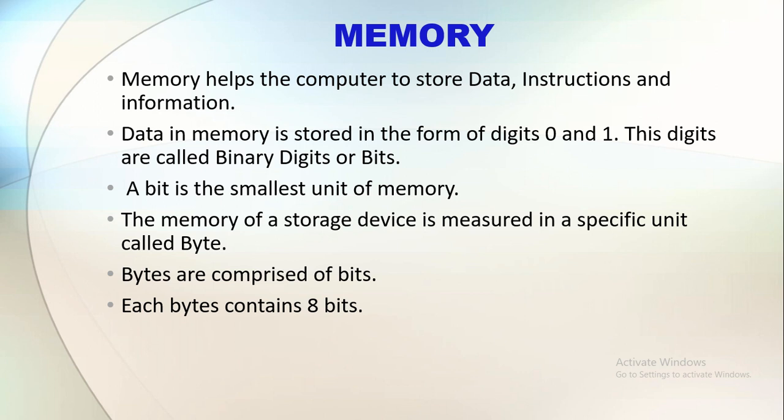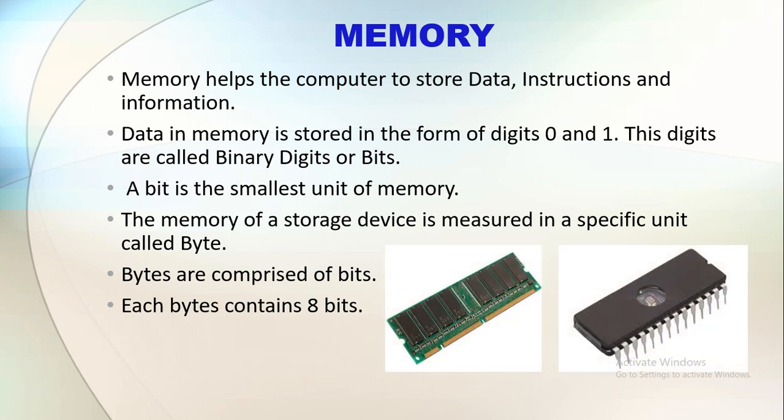A bit is the smallest unit of the memory. The memory of a storage device is measured in a specific unit called bytes. A byte is comprised of bits, and each byte contains 8 bits. Means if a data is of 1 byte, it contains 8 bits and will acquire 8 bits of memory in the computer.